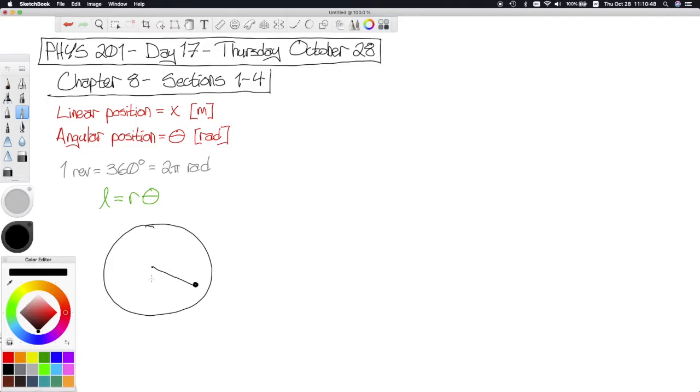And if this object then moves, for example, as this table rotates to this position here, the object will have moved through some angle theta.